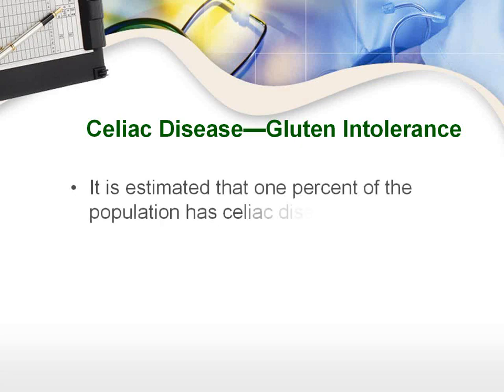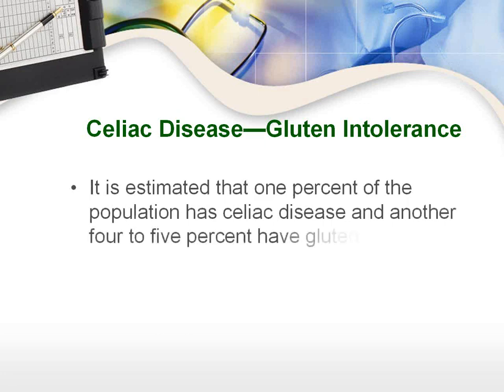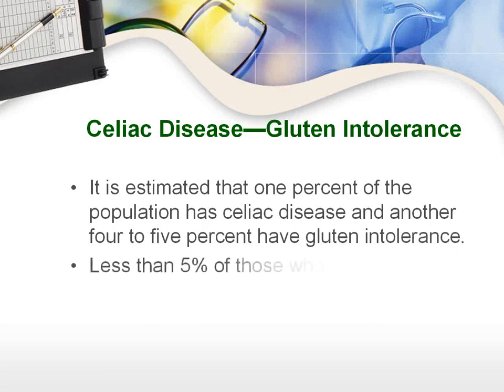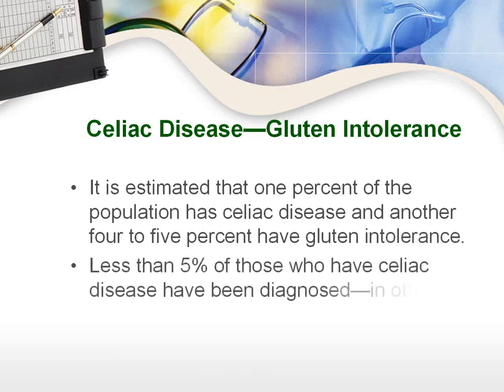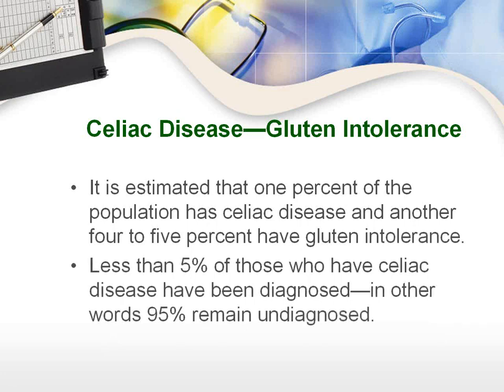Now, we have heard about celiac disease, which is actually an autoimmune disease to gluten, which is in our grains. A lot of people have heard about celiac disease, but they don't realize that 1% of the population in the U.S., Canada, and Mexico actually have celiac disease. And another 4 to 5, maybe even 6 or 7% have what we call gluten intolerance.